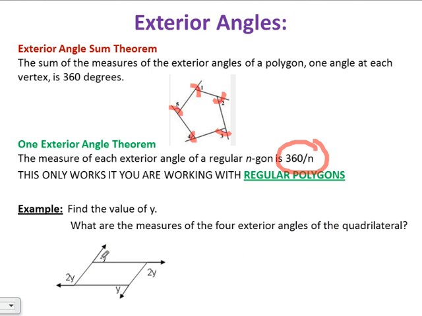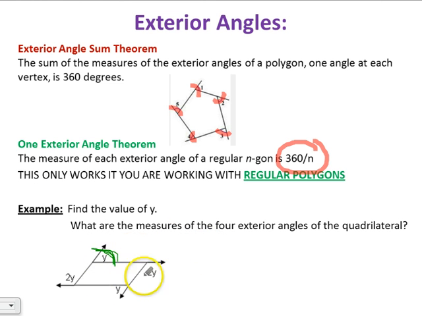Here's an example. It says find the measurement of y. Remember, the measure of each exterior angle is going to be 360 divided by n. This formula only works when you're working with regular polygons. So here we go. Let's look at this measurement right here.